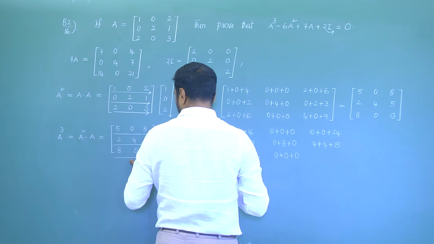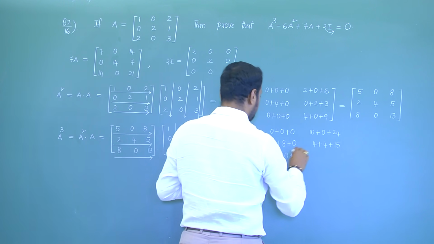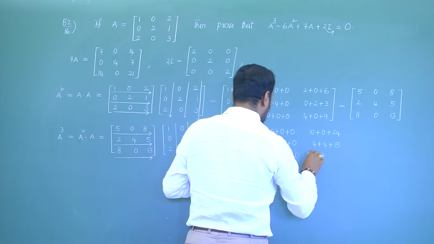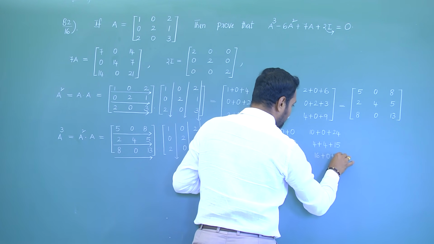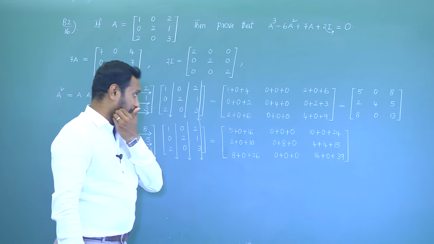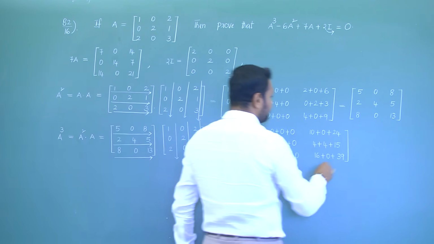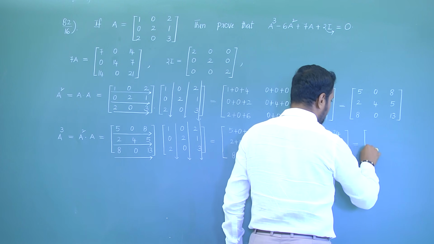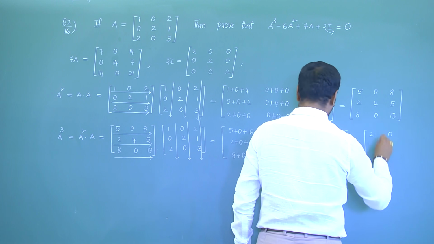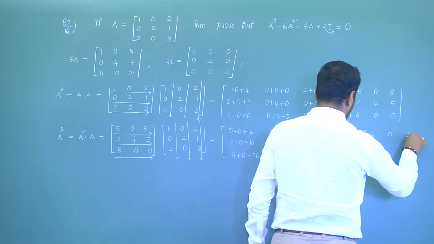Third row, third column: 8 into 2, plus 0 into 1, plus 13 into 3, it is 39. So if you simplify, the elements become 21, 0, 34.